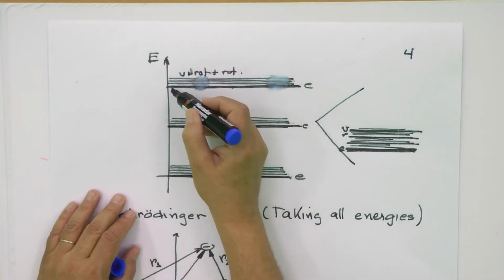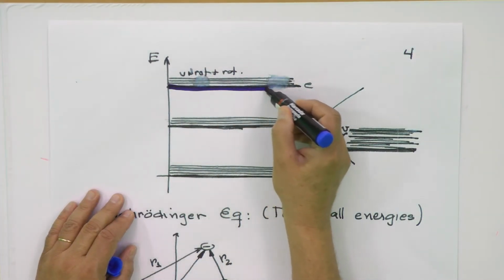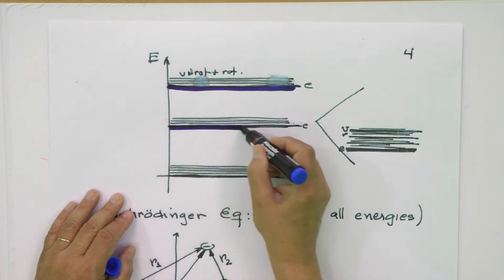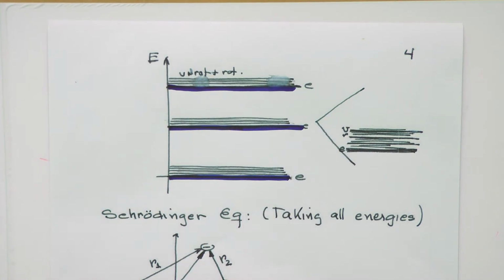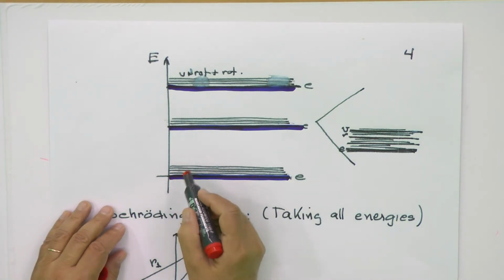You have basically an electronic level. I'm putting it in blue. And then on top of this electronic level, we have a lot of vibrational levels.